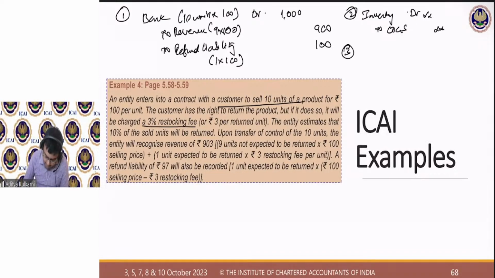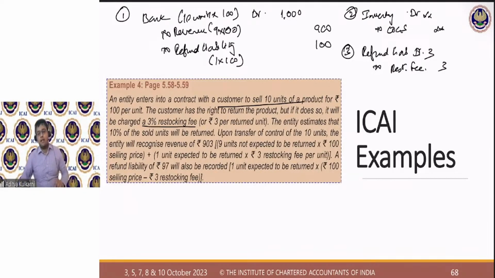So the entry will be: refund liability debit. I have to pay him 100 and collect the restocking fee. I might as well pay him the net amount. So refund liability debit 3 to restocking fee.